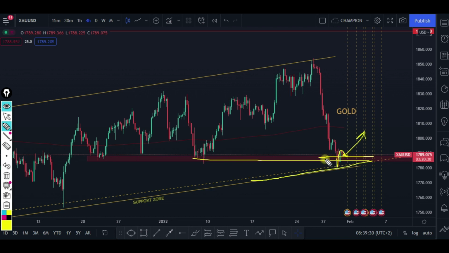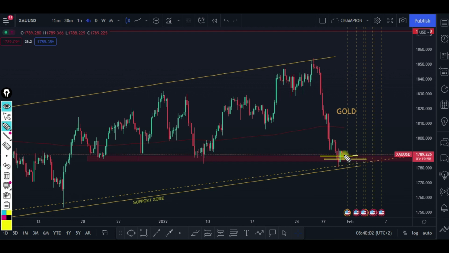I think we can place our buys if we are experiencing such moves. If the market makes such moves, we can place our buys somewhere here if it really confirms that it's respecting this area right here.